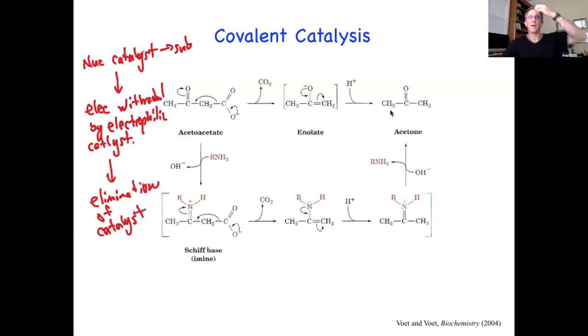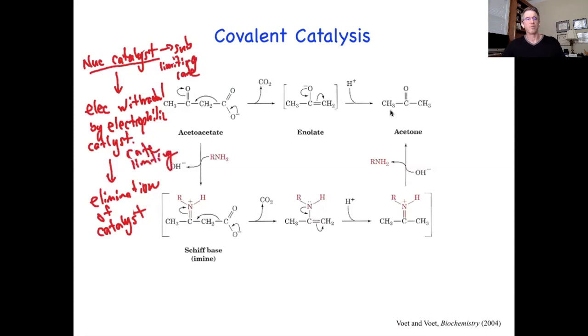The distinctions between whether it's electrophilic or nucleophilic are kind of fuzzy, but in general, nucleophilic covalent catalysis describes a situation where this step, the nucleophilic attack step, is rate limiting. Whereas electrophilic covalent catalysis would involve this step being rate limiting, the electron withdrawing step.